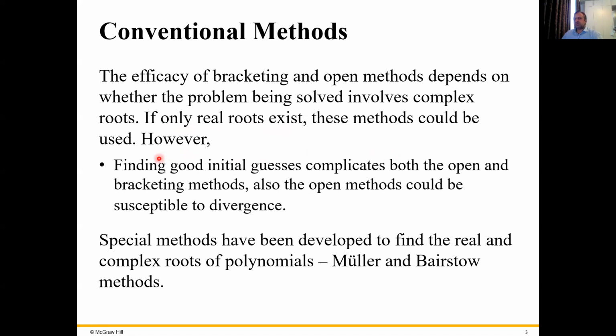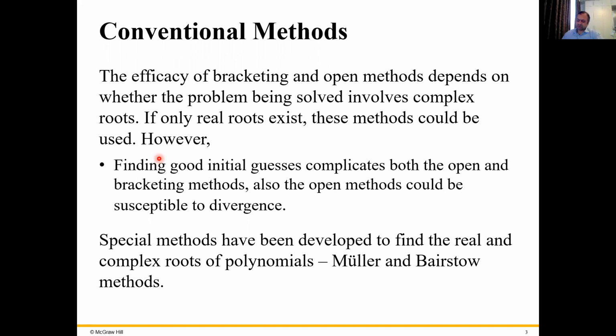Now, since we are talking about the roots of polynomial equations, we have seen in the previous methods, the bracketing methods and the open methods, that in those methods we have only found the real roots. So those methods can only provide us the real roots.